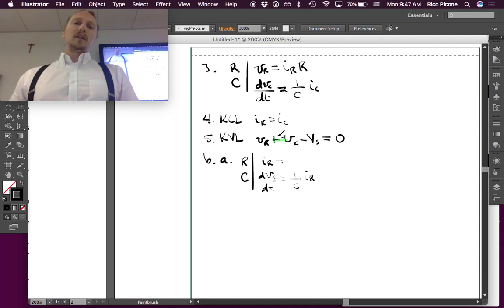But I'm going to use this equation to plug in for VR. So VR is VS minus VC, divided by R.